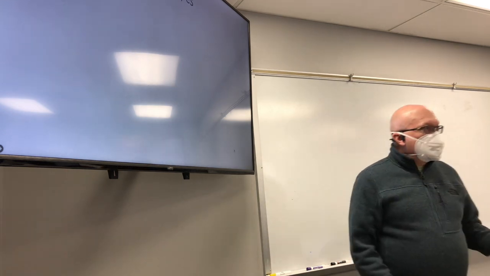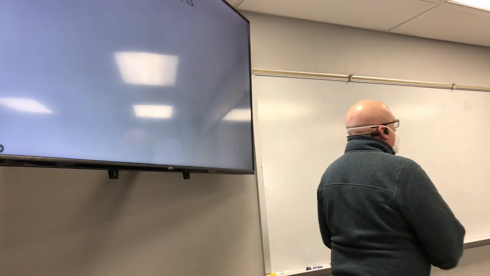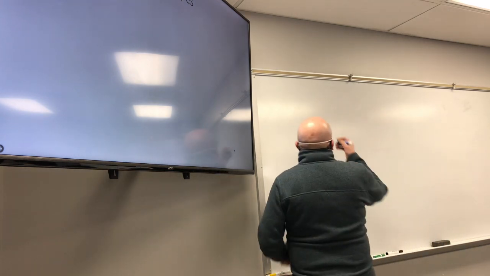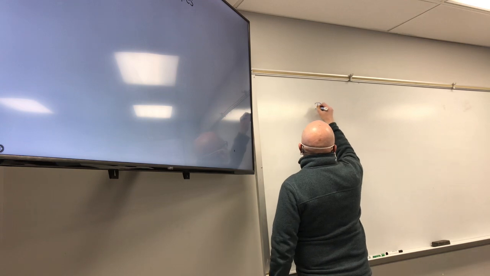You can have a single sample t-test, you can have a two sample t-test, and you can have what's called a paired t-test. In all of these things, you're basically using parameter estimates.